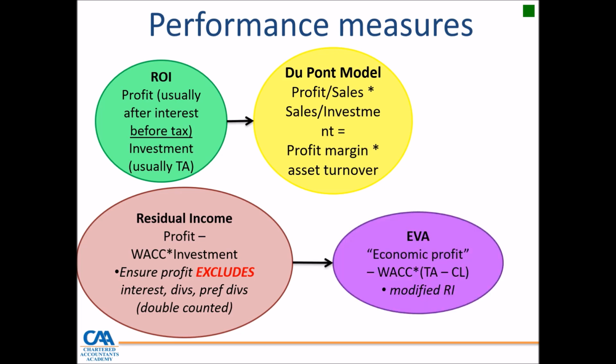Also, as a performance measure, we have what is known as economic value added, which is obtained by economic profit less my WACC multiplied by total assets less current liabilities. So the economic value added is a modified residual income.